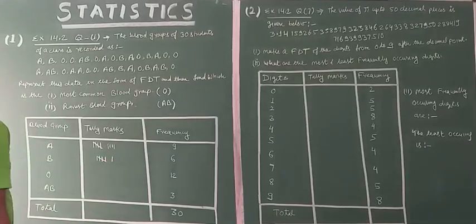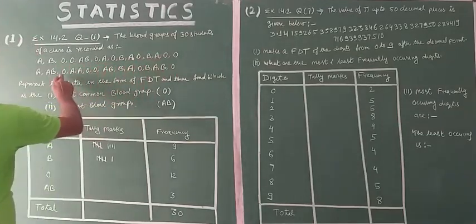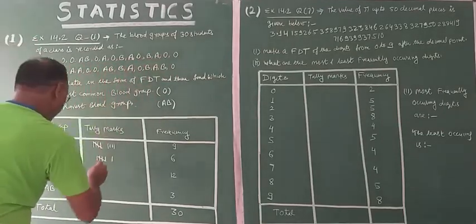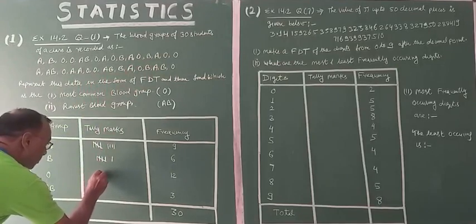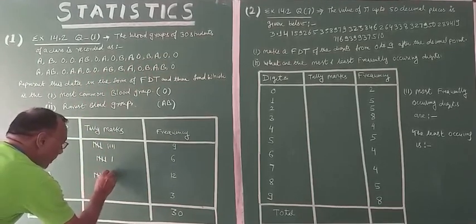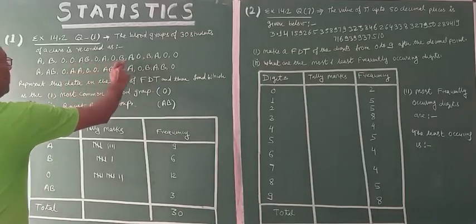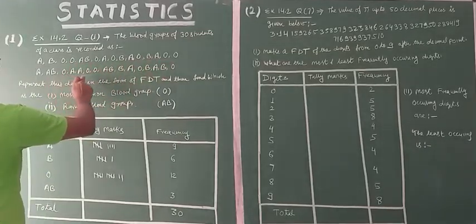Blood group O: 1, 2, 3, 4, 5, 6, 7, 8, 9, 10, 11, 12. Blood group AB: 1, 2, 3.